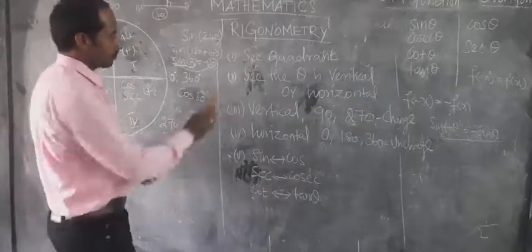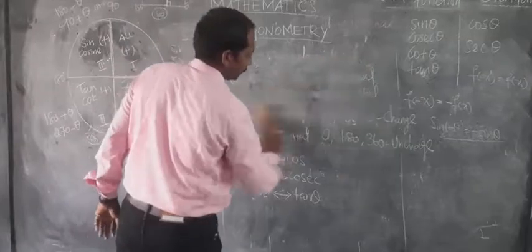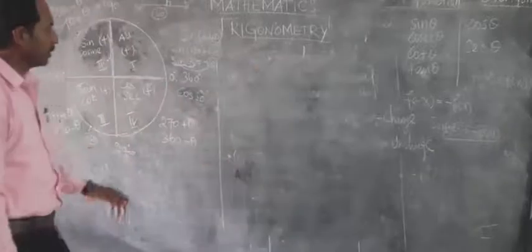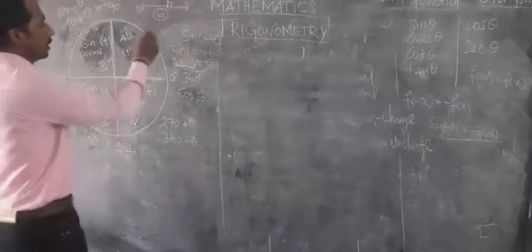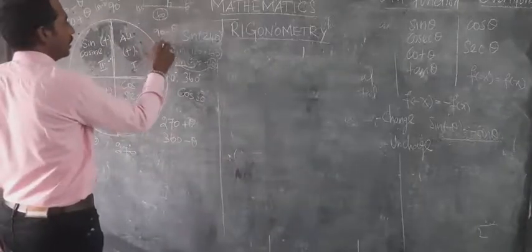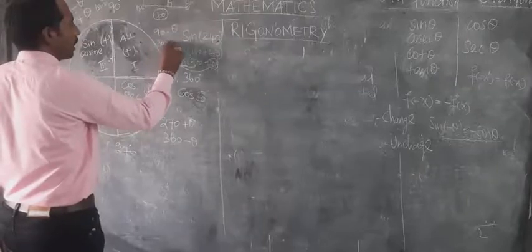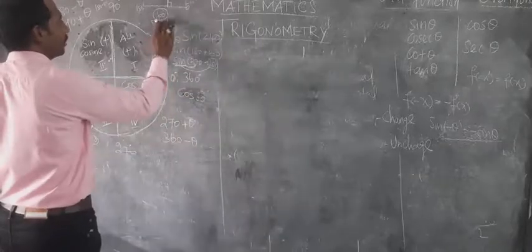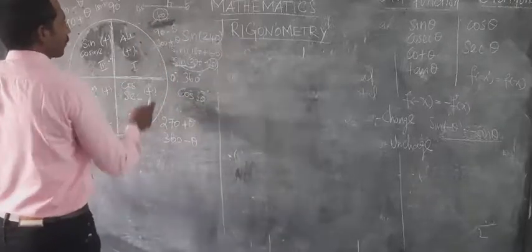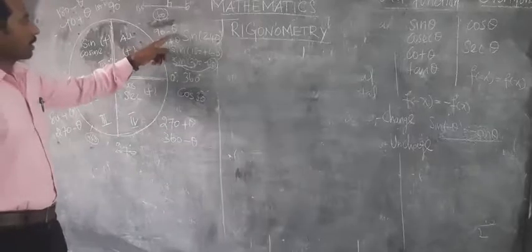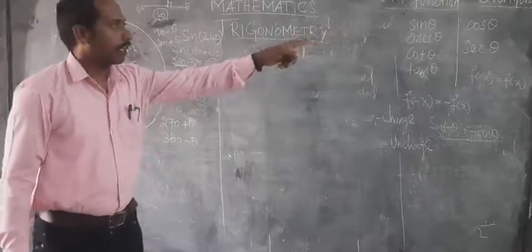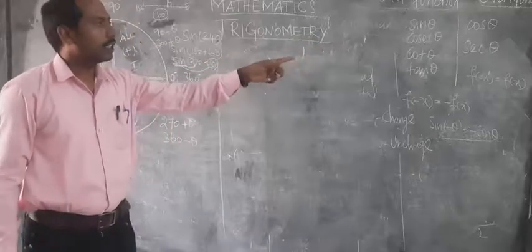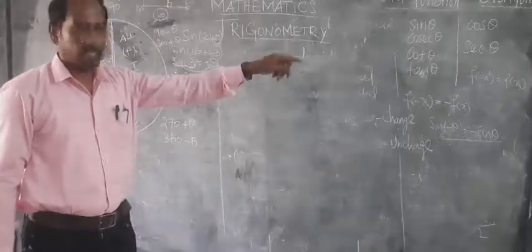I will teach you the example. So how many thetas can you find? Just see here, 90 minus theta, 360 plus theta, but 0 plus theta is not needed, the same theta will come. But see here, 90 minus theta means sin 90 minus theta, cos 90 minus theta, cosecant 90 minus theta, cot 90 minus theta, tan 90 minus theta, secant 90 minus theta.